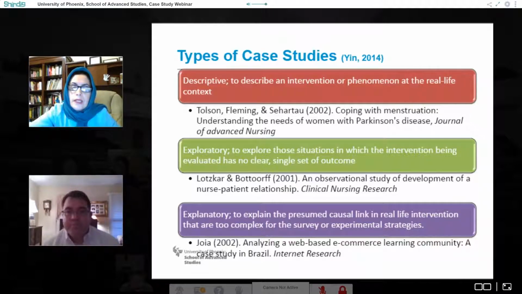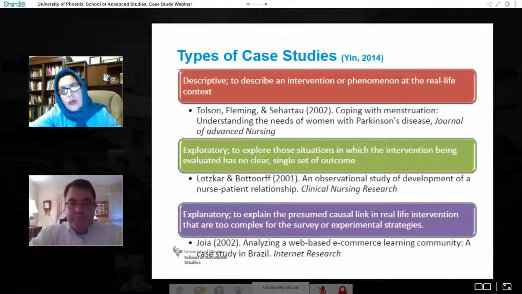But we call it exploratory because you are not really clear about the outcome, right? So you are just exploring. And that's why I mentioned in the earlier slide that for exploratory studies, maybe you cannot add a proposition, you would just add a purpose, because you are not really clear about what you are going to find out in this study.